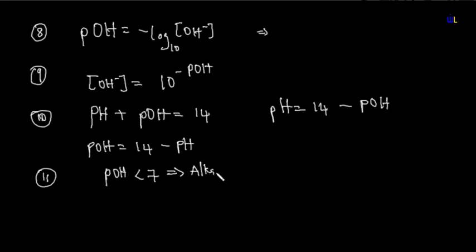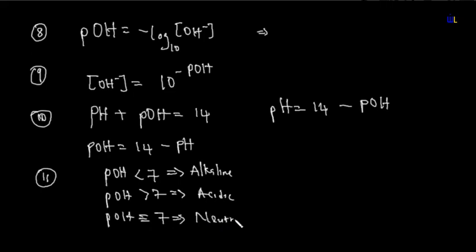Exactly. Alkaline. If pOH is greater than 7, what will it become? Good. If pOH is equal to 7, it will be neutral. Do you understand? Good. So take note of this. These are the 11 points that once you understand, you will be able to solve virtually every pH or pOH question in your level.